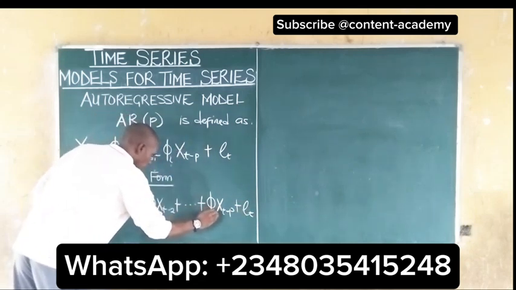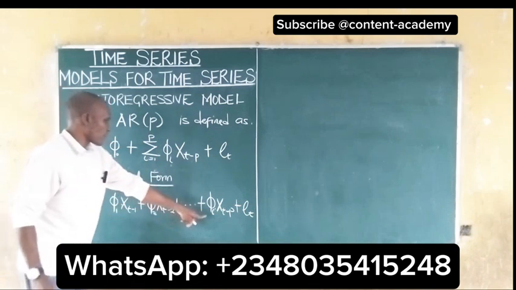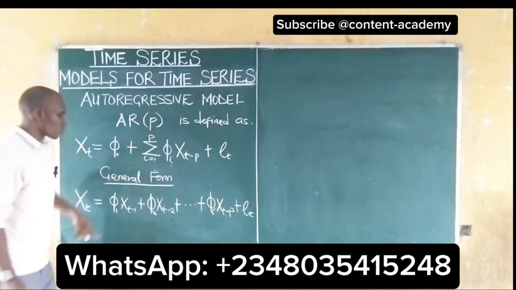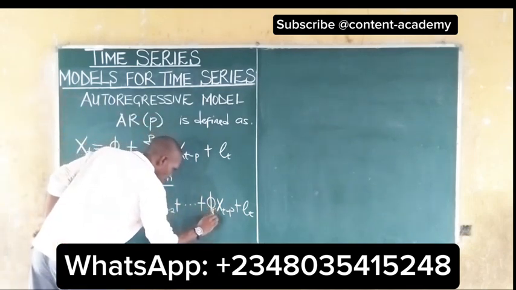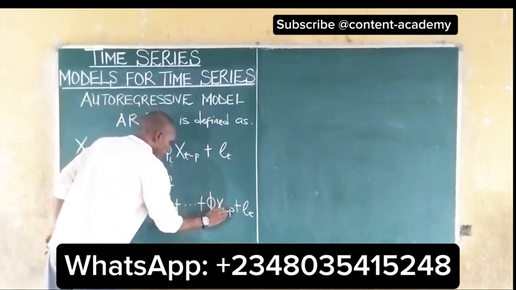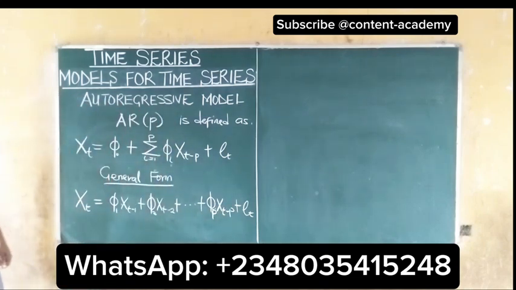So we continue this way. We can still write p here because i ranges from 1 to p. So this is the general form of the model.